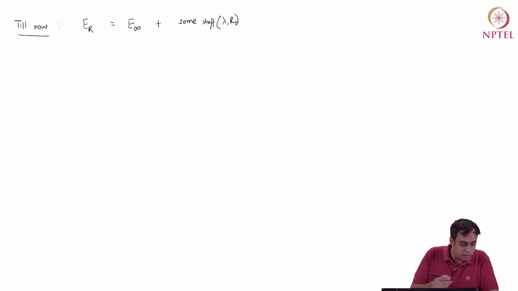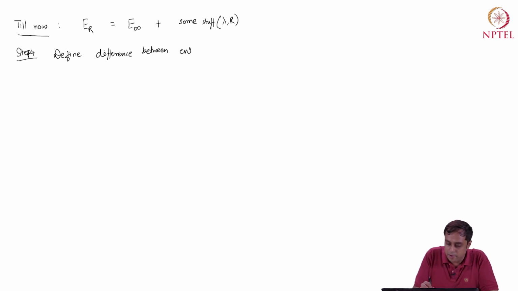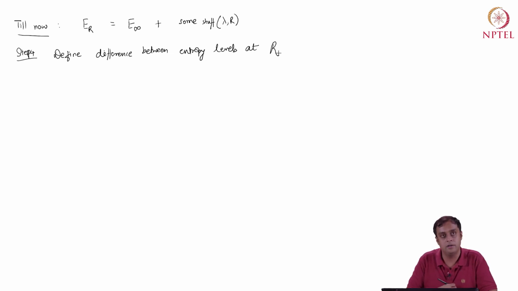So now, as a next step, I'm going to call it step 4, we are going to define the difference between entropy levels at finite radius R and with R approaching infinity.